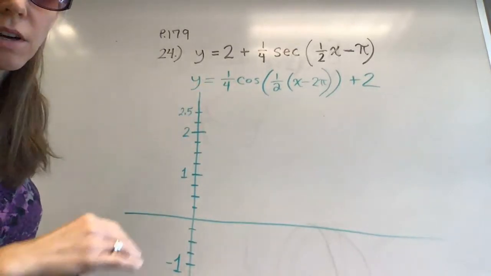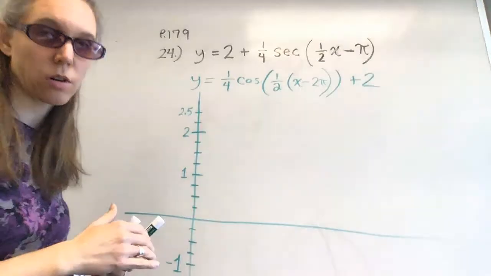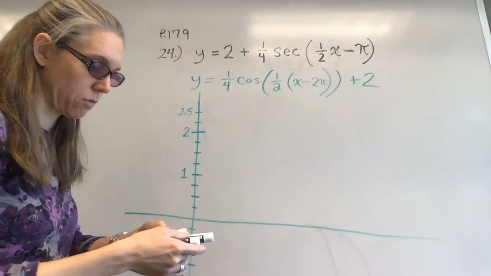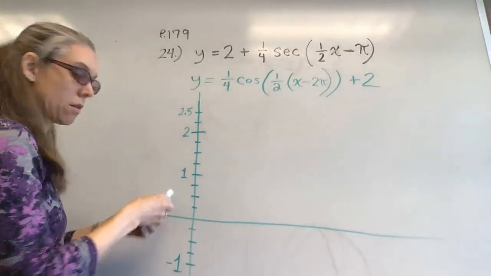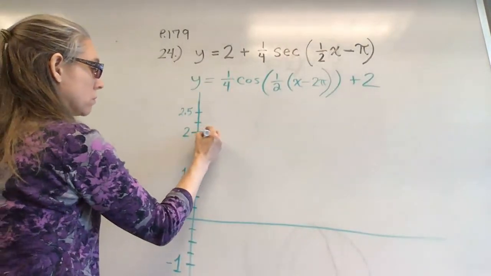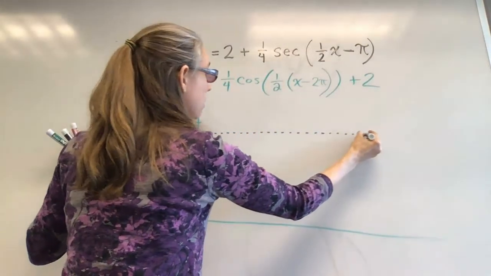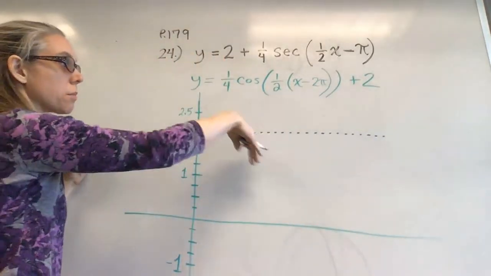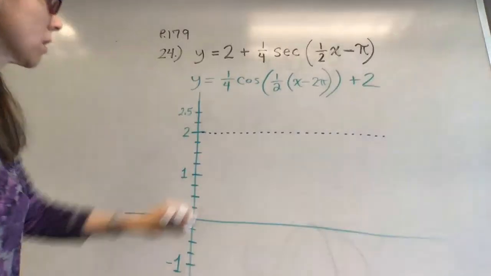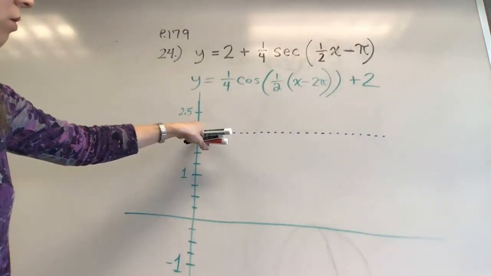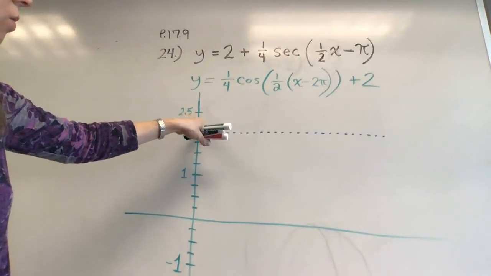This graph is going to oscillate between 2.25 and 1.75. I'm going to draw this horizontal line here because the graph of cosine will oscillate above and below the 2. It will go 1/4 above and 1/4 below.